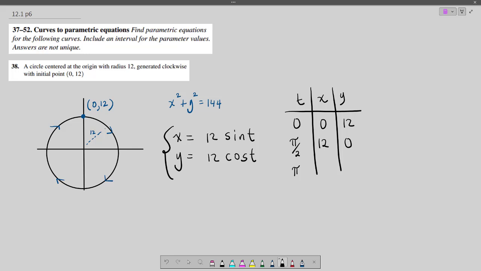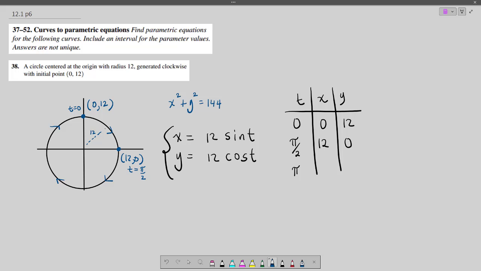Oh, that's perfect, right? So 12, 0 puts us on the east side of the circle. This corresponded to t equals 0, and this corresponds to t equals pi over 2.